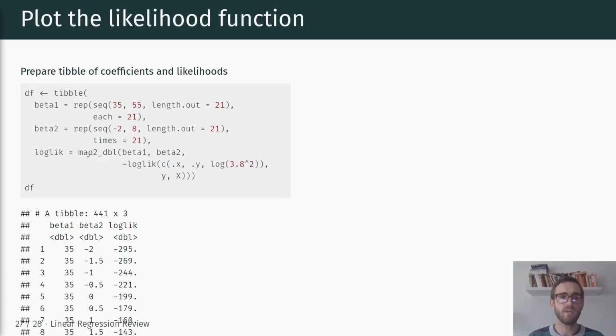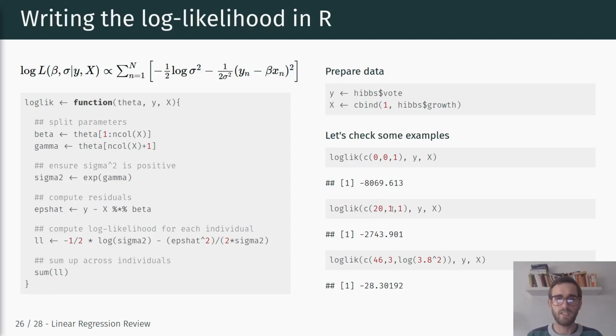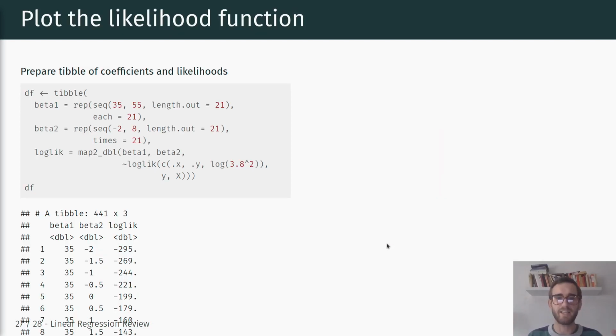What I'm doing here is creating a quick tibble for a grid of possible values for beta 1 and beta 2, the intercept and the slope, and computing the likelihood function just the way we did it here, but more systematically, like a grid search of possible values for both beta 1 and beta 2.